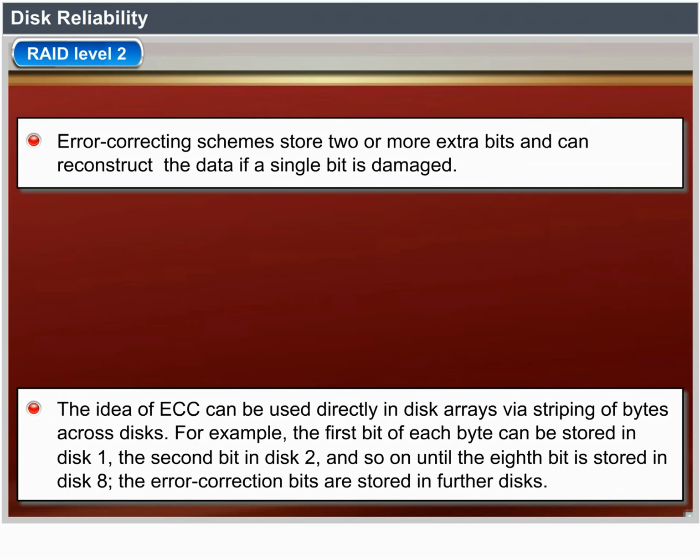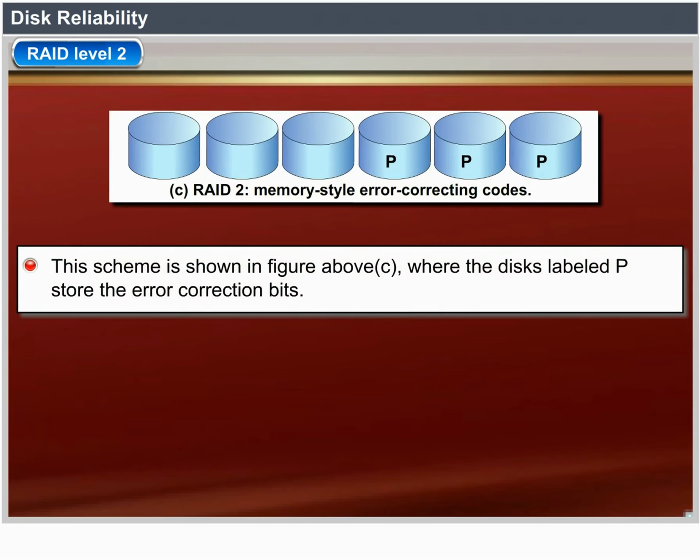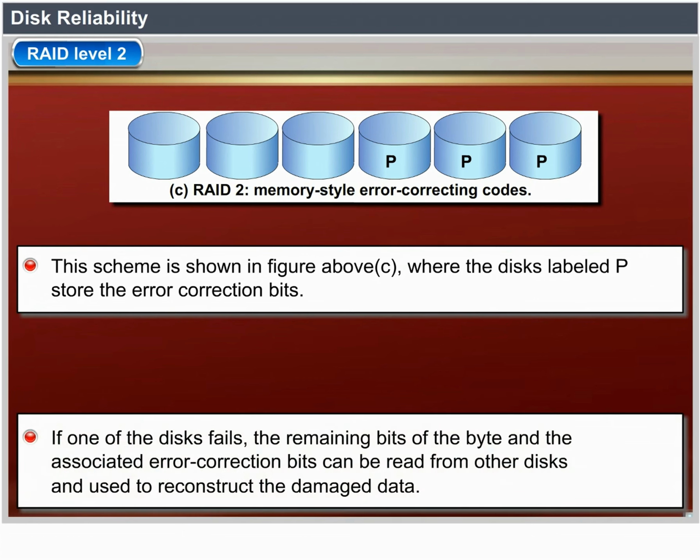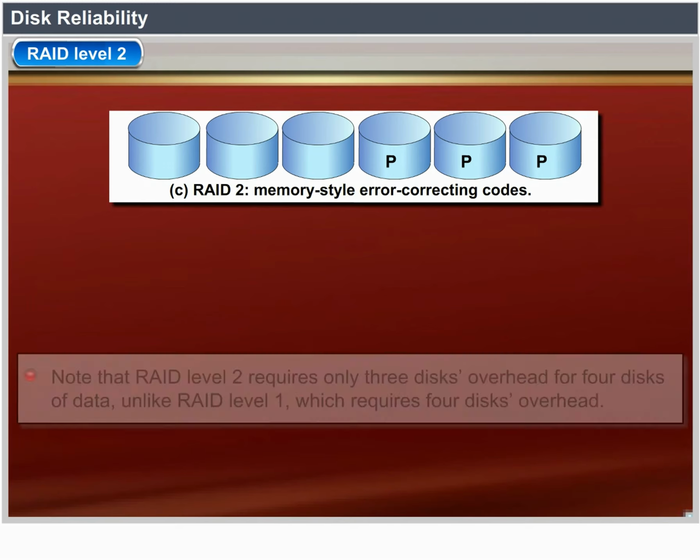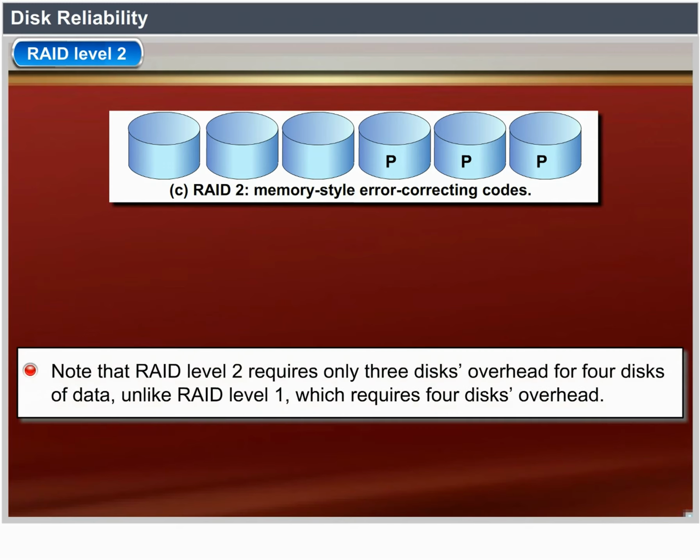This scheme is shown in figure above C, where the disks labeled P store the error-correction bits. If one of the disks fails, the remaining bits of the byte and the associated error-correction bits can be read from other disks and used to reconstruct the damaged data. Note that RAID Level 2 requires only 3 disks overhead for 4 disks of data, unlike RAID Level 1, which requires 4 disks overhead.